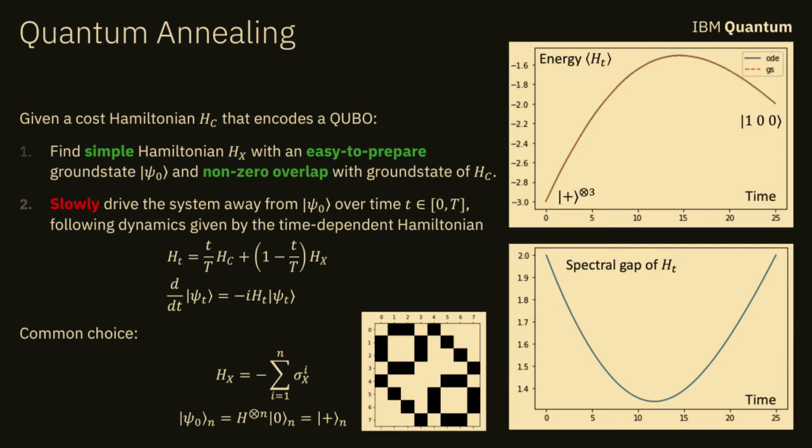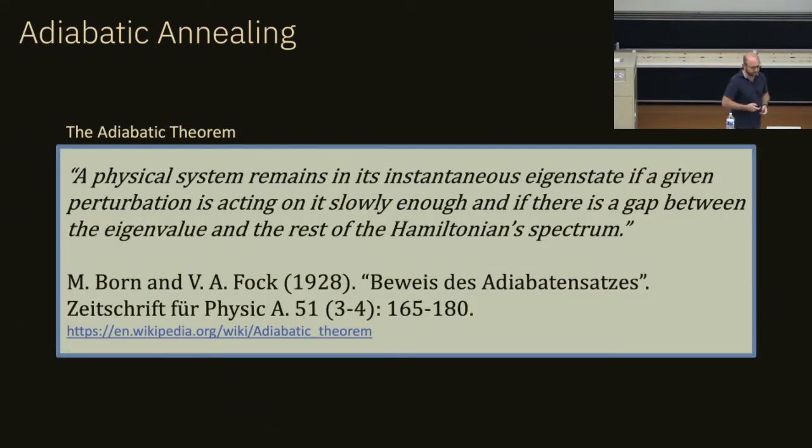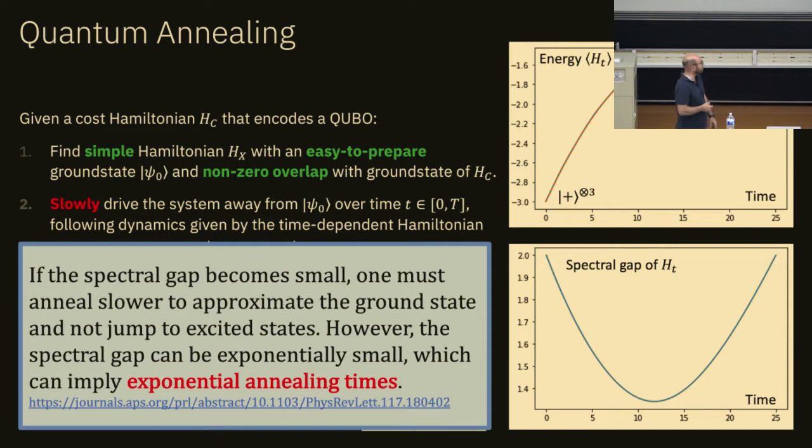But in general, if we scale problems, this is exactly the problem, because the larger we make this, the smaller this gap usually gets. And the problem is it gets exponentially small. If you remember what the adiabatic theorem said, it requires a gap between the eigenvalues. If this gap becomes very small, then we need to anneal very, very slowly.